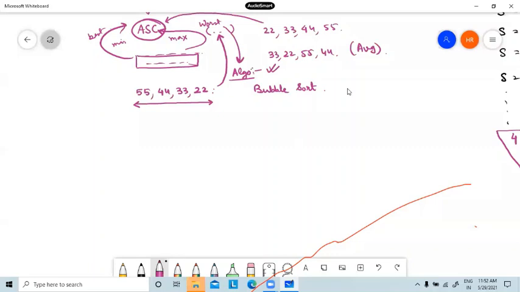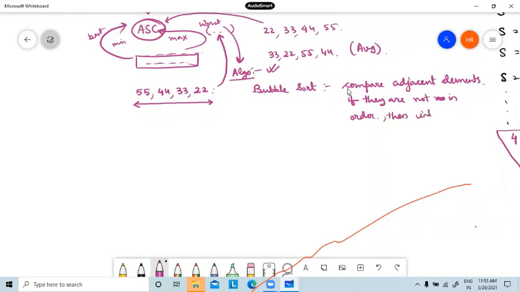The logic of bubble sort is to compare adjacent elements. If the adjacent elements are not in order, and the order required is ascending, then interchange them.